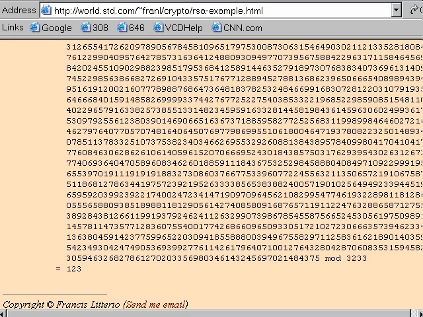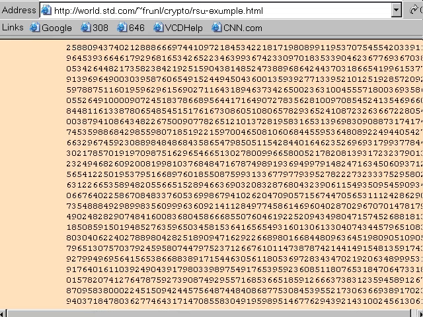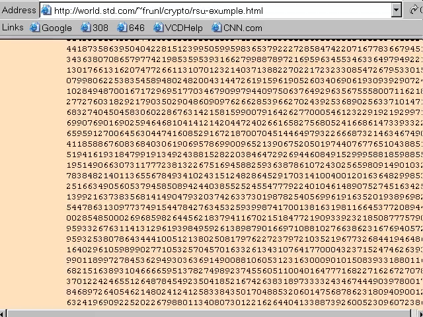So this particular long number here is a large number modulo 133, so you can actually compute this number, which is 855 raised to the 2,753rd power, which is pretty large, modulo 3233.